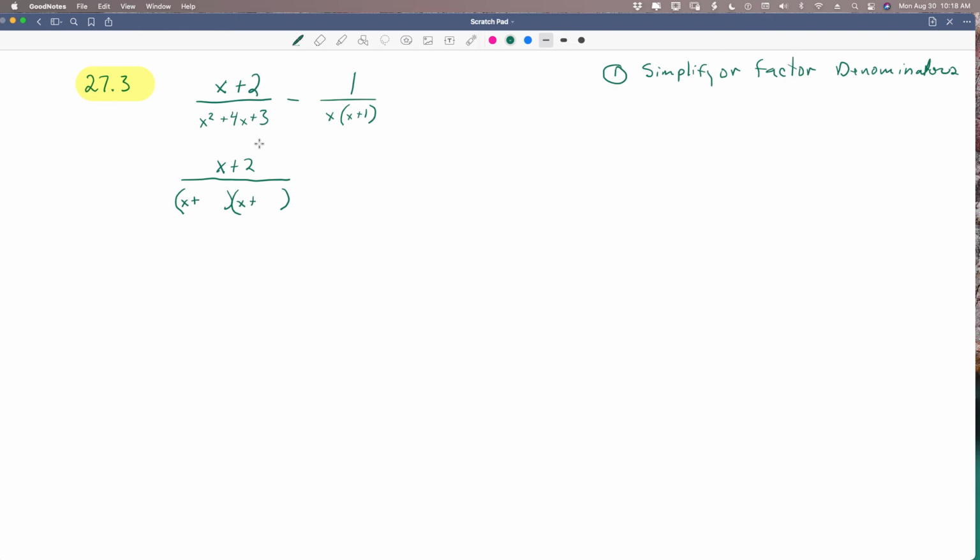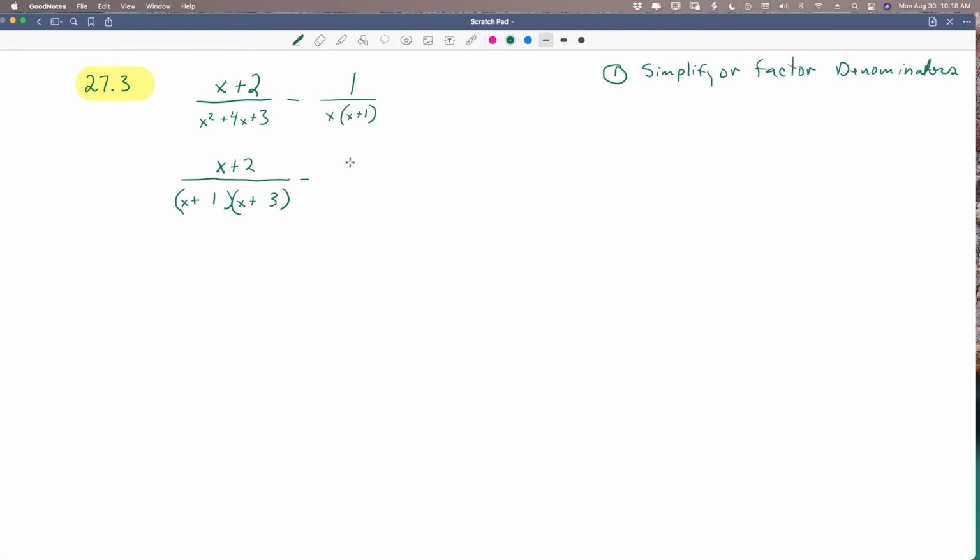Oh, I'm sorry, 3 and 1. Why did I think 1 and 2? The factors of 3 are 1 and 3, so we could put a positive 1 here and a positive 3 here. So whenever we multiply, we get 1x, 3x this way, and 1x this way added together. That gives us a 4x. So that's the correct factoring.